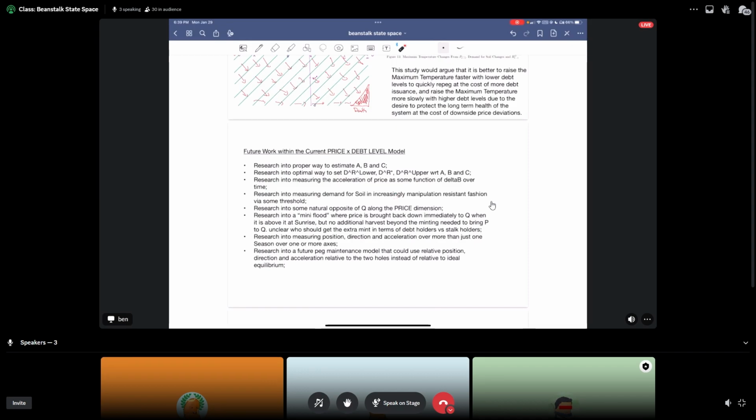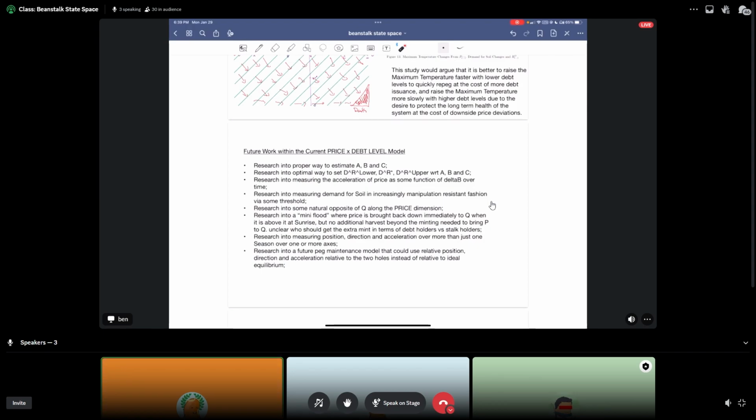How to set Q, and whether there's some natural opposite of Q, is a good topic of discussion or research for the future. Something that's come to mind is a mini flood, where the system really won't let the system flow above Q, so it'll just automatically sell back to peg and then distribute BDV to people, distribute liquidity.